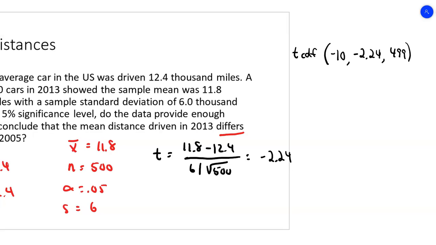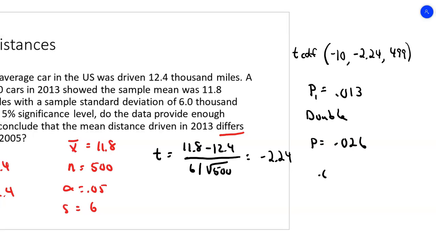I get 0.013. Because it's two-tailed now, I want to double it. All right, so my actual p-value is going to be 0.026.